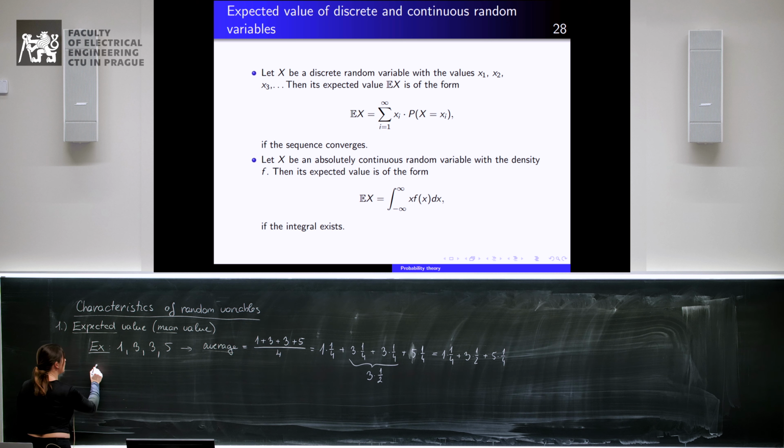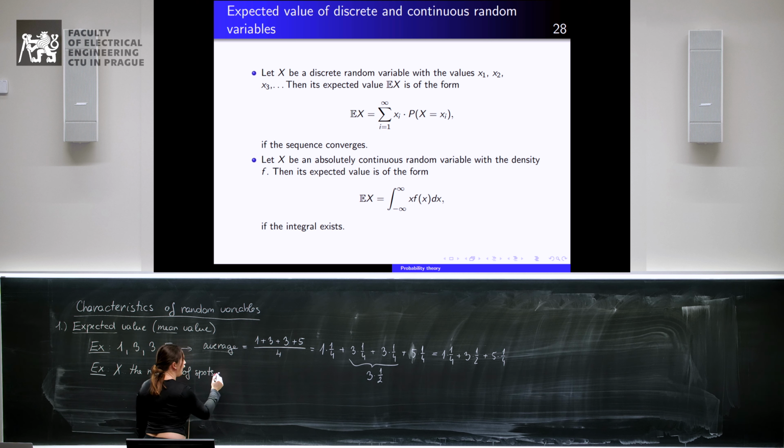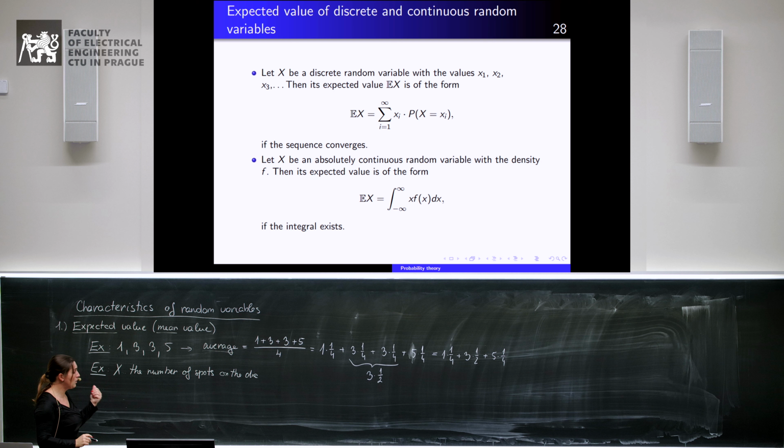But look what happens when we consider X to be the number of spots on the die when we throw the die. In this case, X can be equal to 1, 2, 3, 4, 5, or 6.